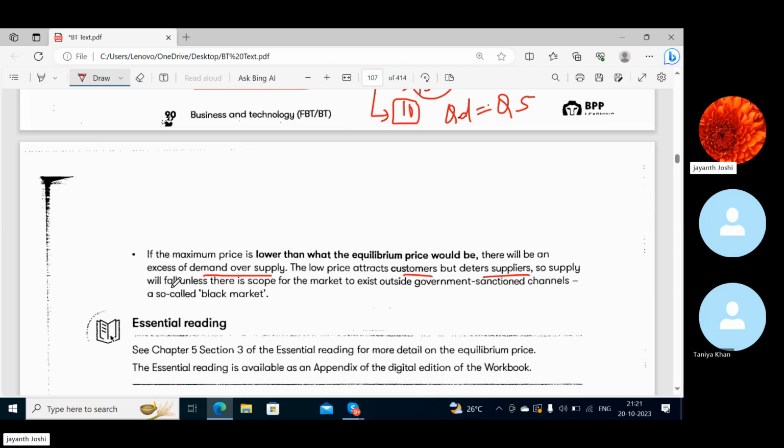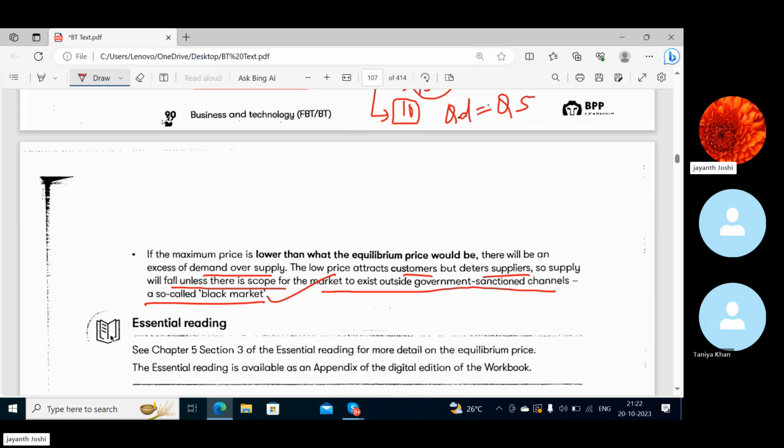So supply will fall unless there is scope for a market to exist outside government sanctioned channels, the so-called black market. So if the price is very low, the suppliers will not be willing to supply, right? They'll be searching for some other markets where they can sell their products at higher prices.